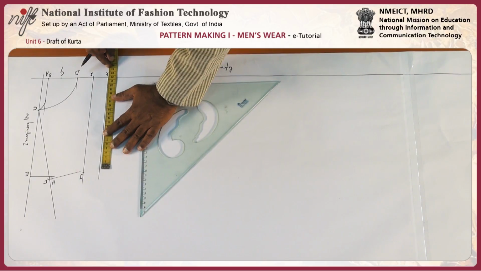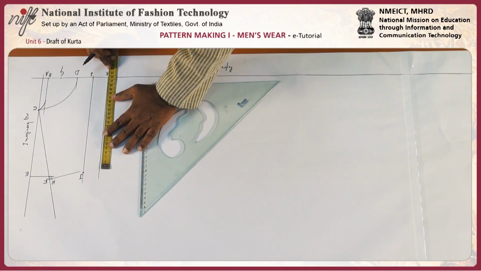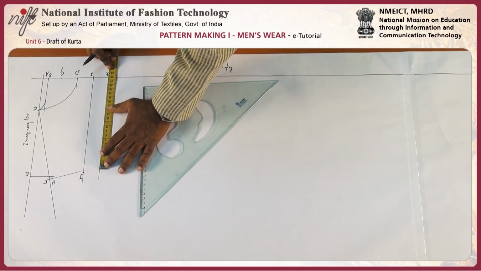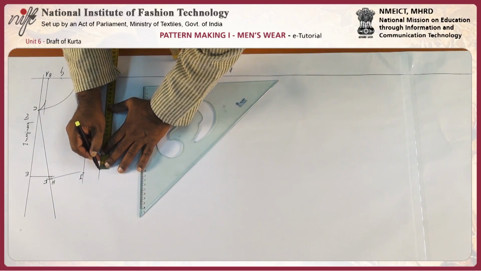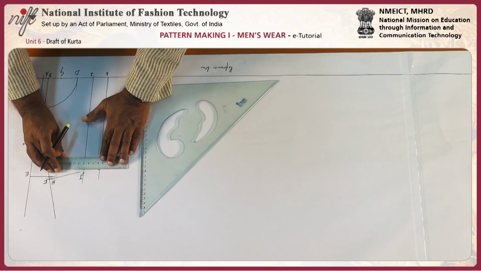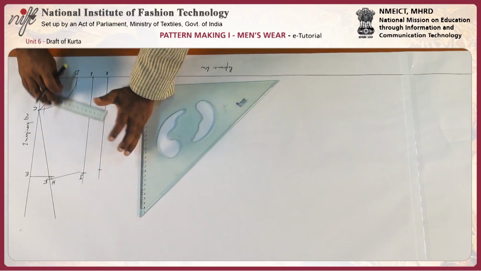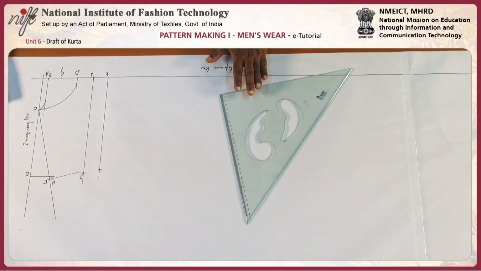The measurements I am using for the kurta are all similar to the shirt measurements except the length and sleeve. Now I got I to K and K to L.